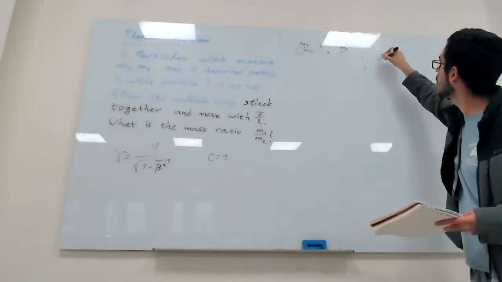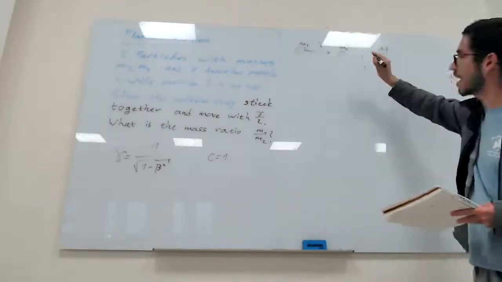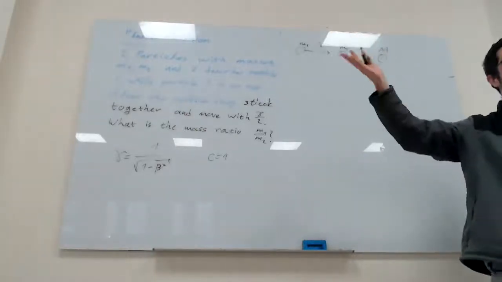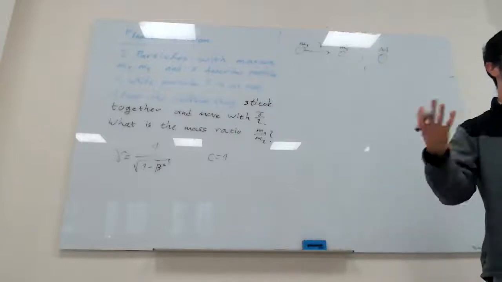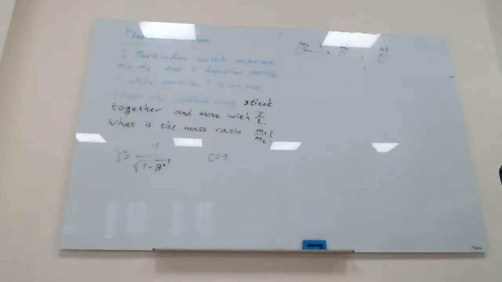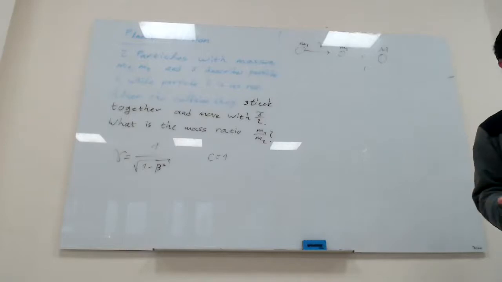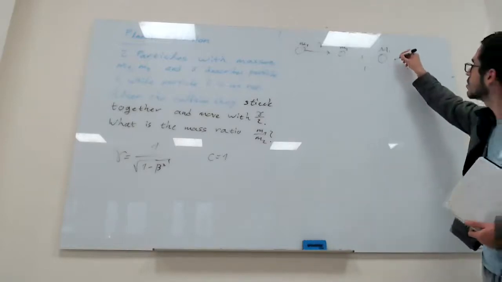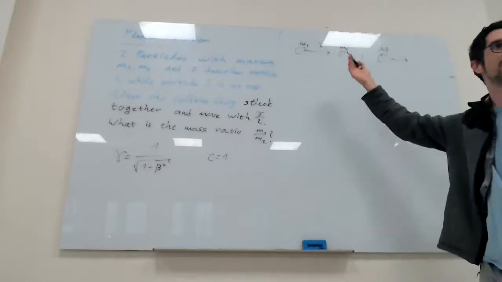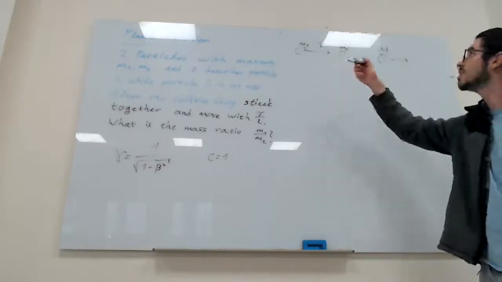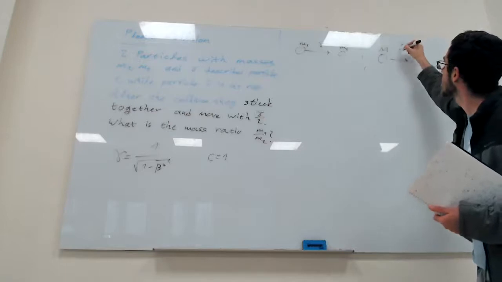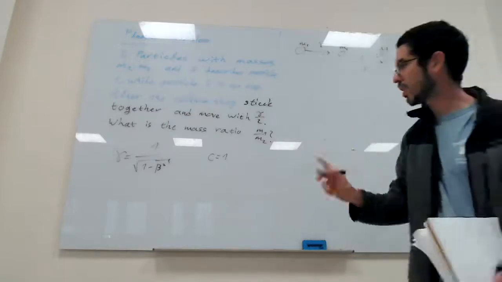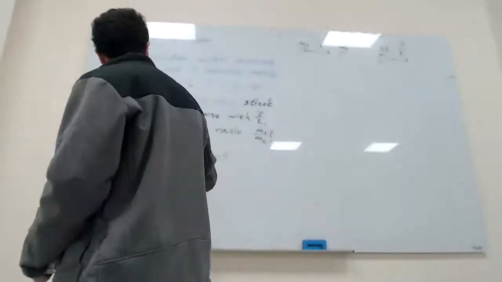Then we have some particle with some unknown mass M, which is not necessarily equal to M1 plus M2, since in special relativity it is energy that is conserved, not mass. And it moves, because of conservation of momentum, in the same direction with gamma.